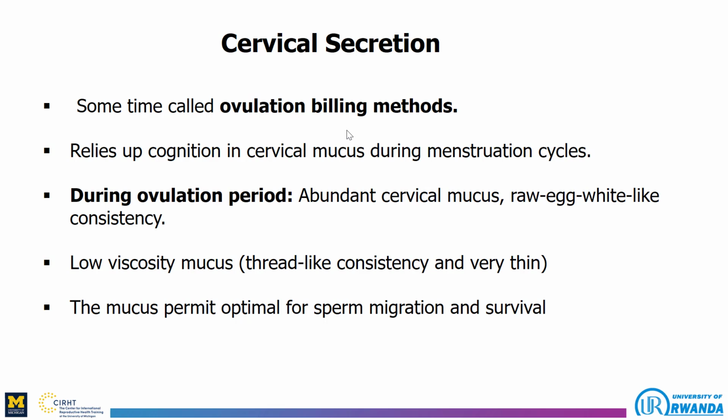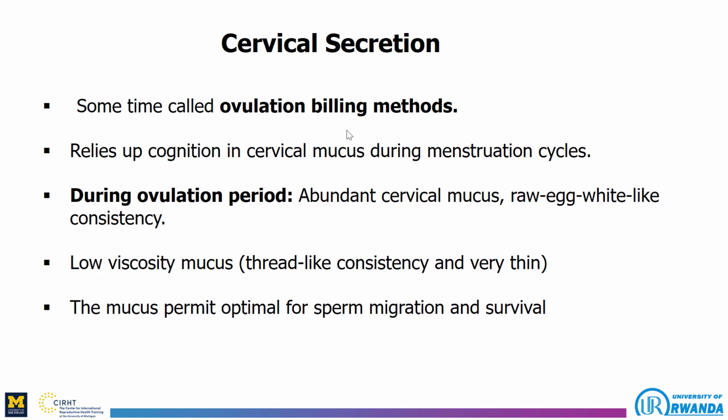Cervical secretion method is sometimes called the ovulation billings method. It relies on recognition of changes in the cervical mucus during the menstrual cycle. During the ovulation period, the secretions are abundant: there is abundant cervical mucus with an egg white-like consistency and low viscosity.